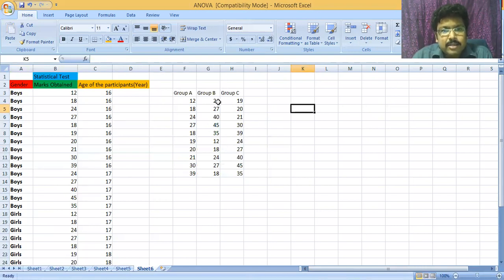Clear? Using these three conditions, you are going to compare the means of these three groups with the help of one-way ANOVA.